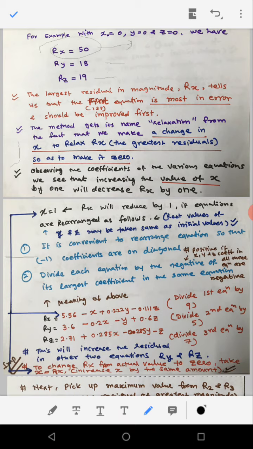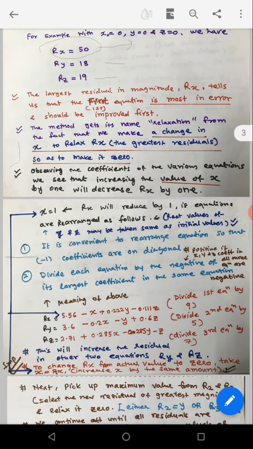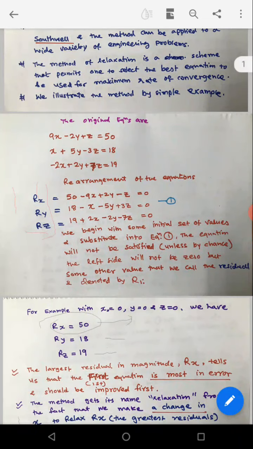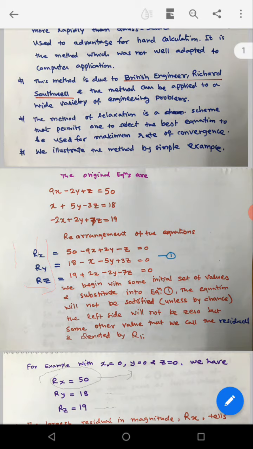So for example, if I want to convert this equation 1 where I have the minus 1 coefficients in the diagonal, that means in the first equation minus 9x, I have to make minus x there.